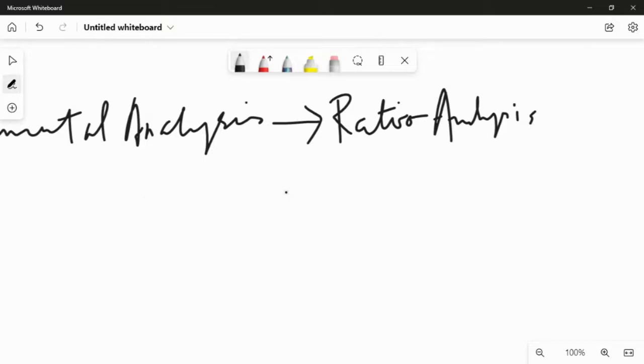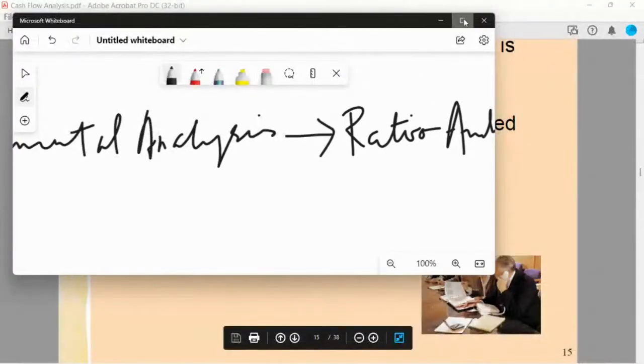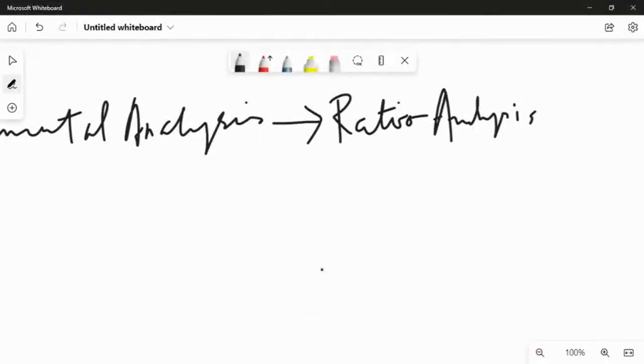Basically, ratio analysis is fundamental analysis, but you can say the final result, the pinnacle of fundamental analysis, is the ratio analysis. So it's literally about ratios, ratio variables.